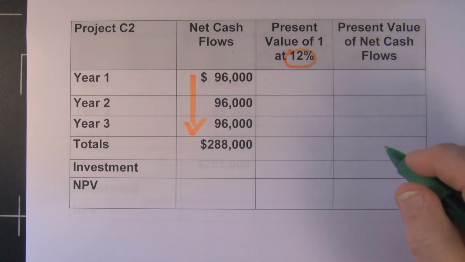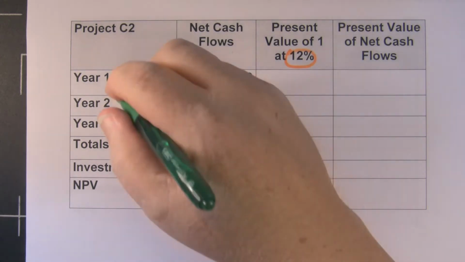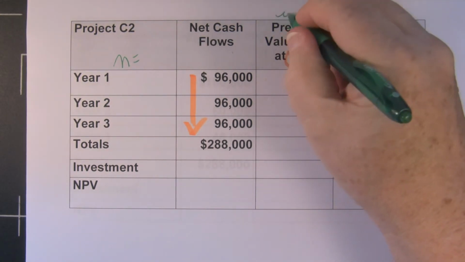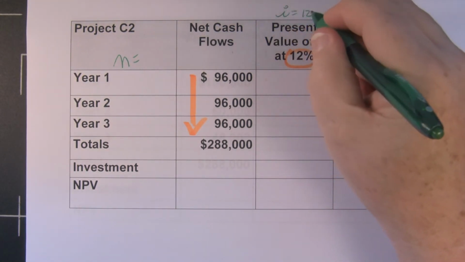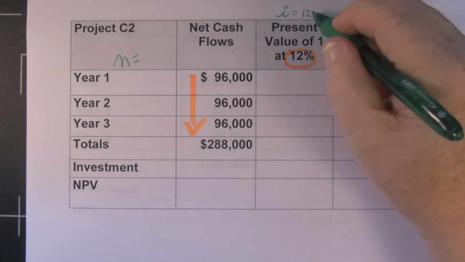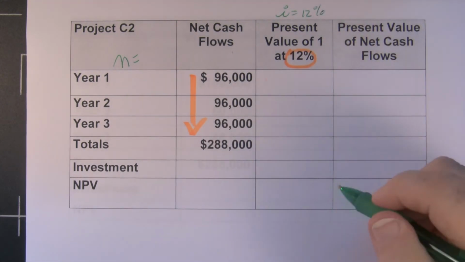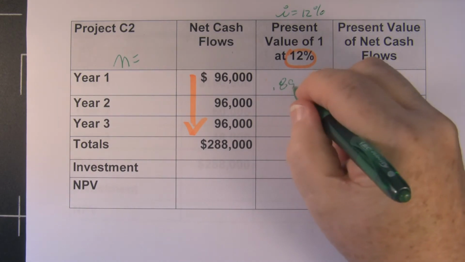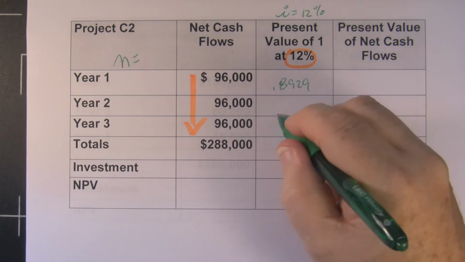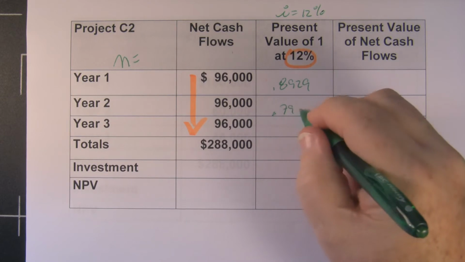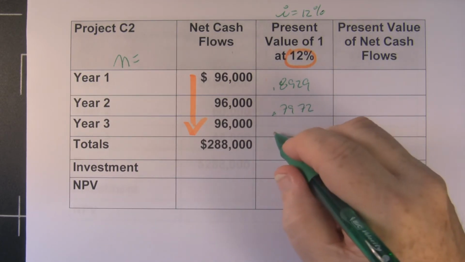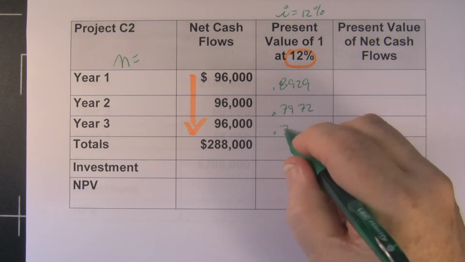We can use the same numbers as before because N is still 1, 2, and 3, and I is still 12. So using the same numbers, 89.29, 79.72, and 71.18.